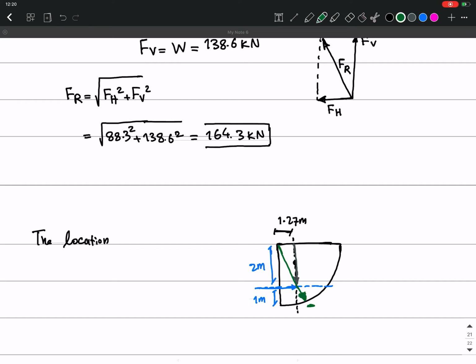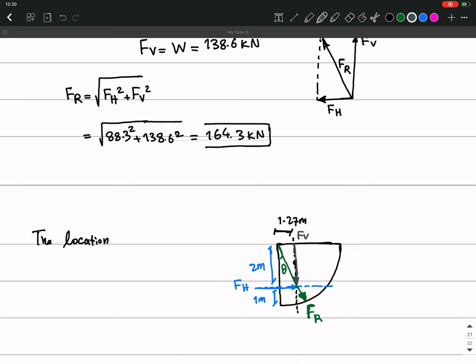And this is going to be Fr with this angle theta. So this is Fh, the horizontal force, and this is Fv, the vertical force. And the total force should be something like that.